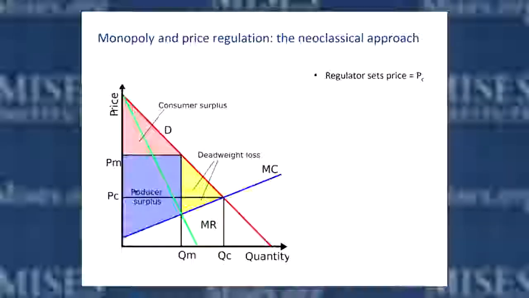So, maybe this is the steel industry, and the government sets up a steel board with the authority to command prices and quantities. Or this might be a regulated public utility, a water company or an electric company, which is privately owned, the way it's typically done in the U.S. Right?